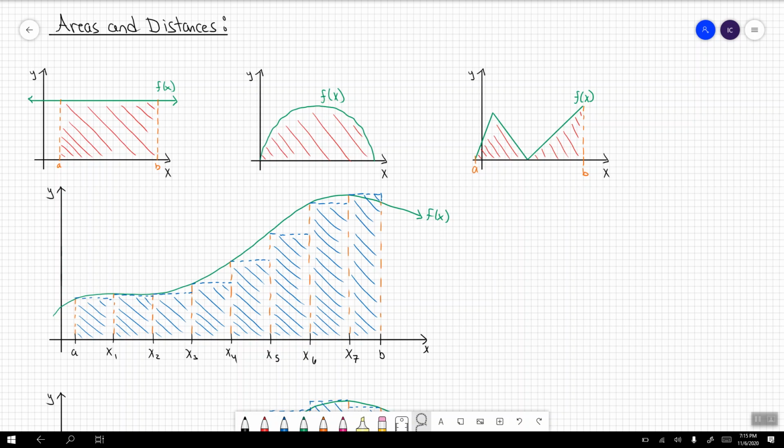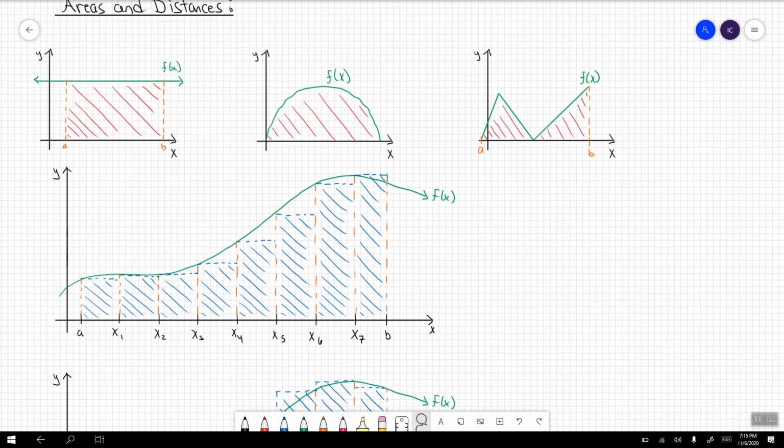In order to explore this, we're going to focus on this function f of x, which is depicted in green.